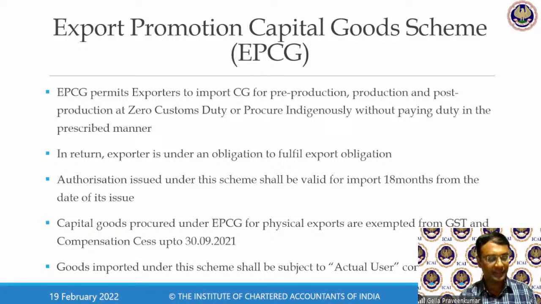EPCG is a scheme which has been notified where, under the excise era, the goods which are procured are subjected to customs duty, and are subjected to excise duty, not forgetting VAT and sales tax. So what they have done is, this EPCG should be made a scheme where we promote industries to flourish. We promote industries to come up in the MSME sector and the non-MSME sector.